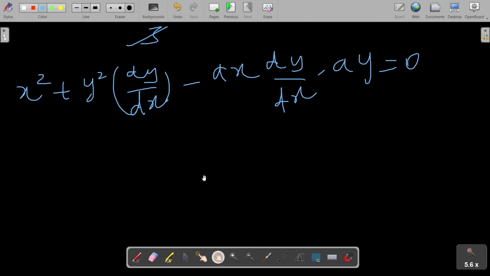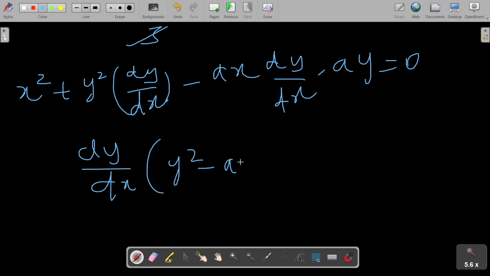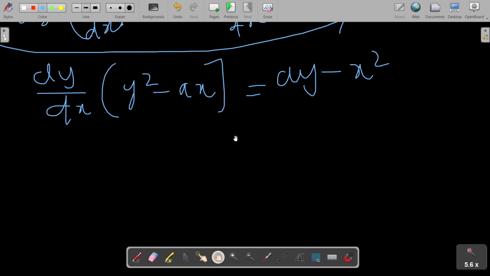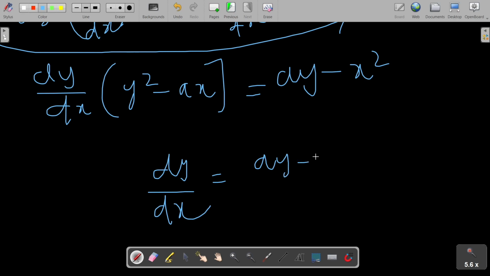If I take dy by dx common, I get y squared minus ax. If I send the other two terms to the right side, the signs change: minus ay becomes plus ay, and plus x squared becomes minus x squared. Dividing both sides by y squared minus ax, I get dy over dx as ay minus x squared over y squared minus ax.